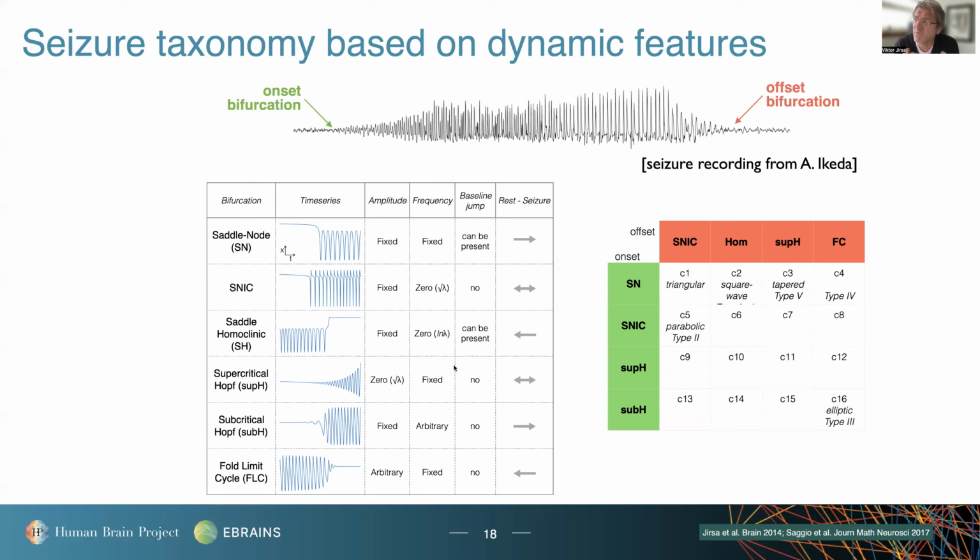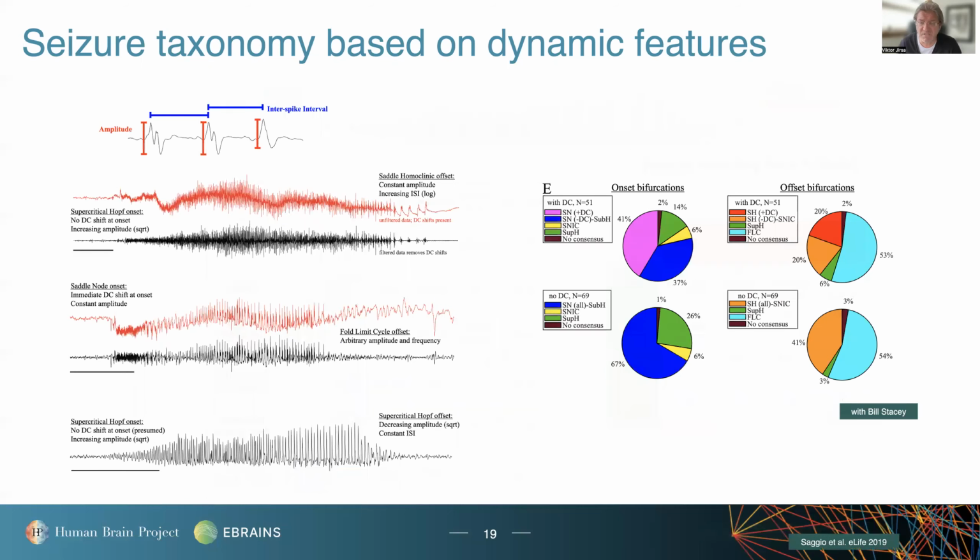For each of them, we have a mathematical representation, and when we put them together, we get the spiral structure I showed you, and it allows us to build a taxonomy in terms of onset bifurcations and offset bifurcations in terms of 16 cases, so-called dynamotypes that exist and can be theoretically predicted.